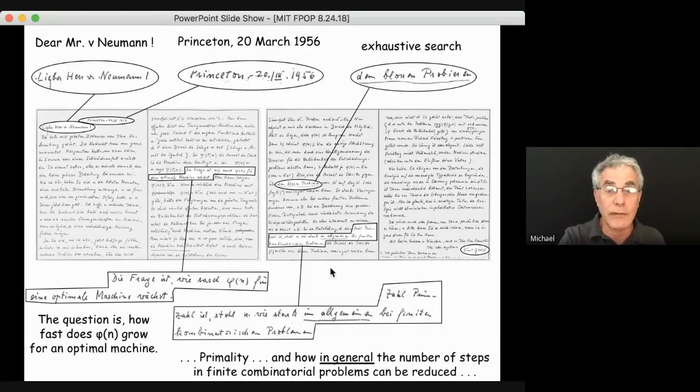And then he goes on to talk about other problems besides testing whether a statement is true or not, such as the primality testing problem, and how in general the number of steps in finite combinatorial problems can be reduced.